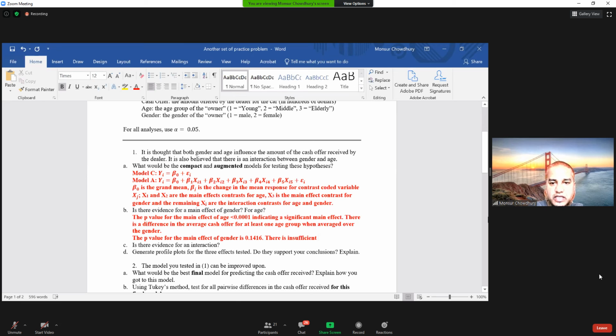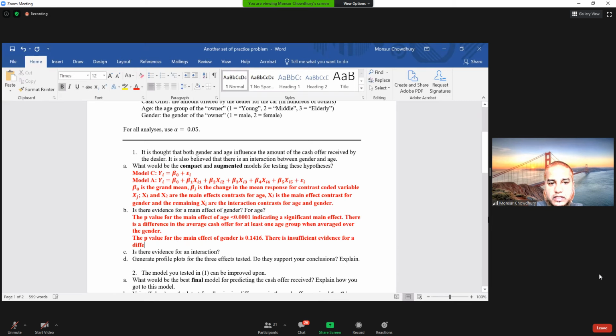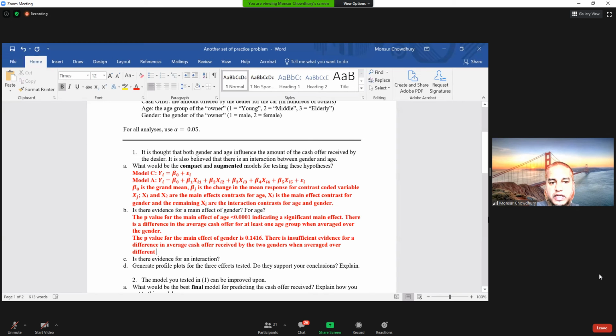insufficient evidence for a difference in average cash offer received by the two genders when averaged over different ages.